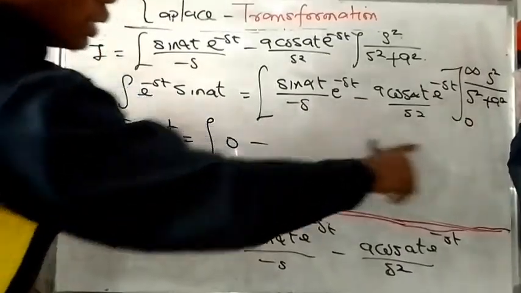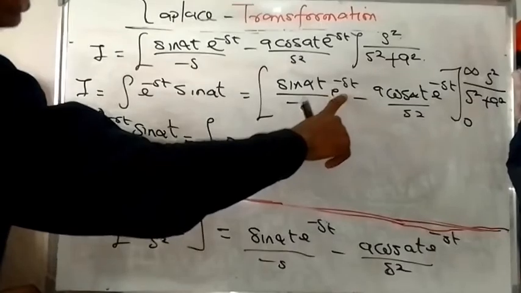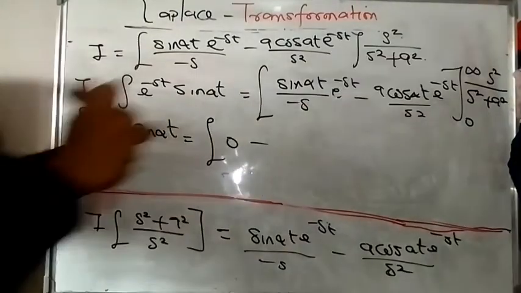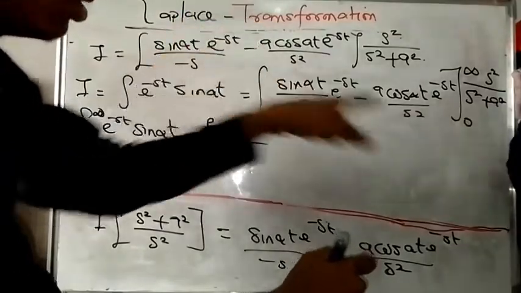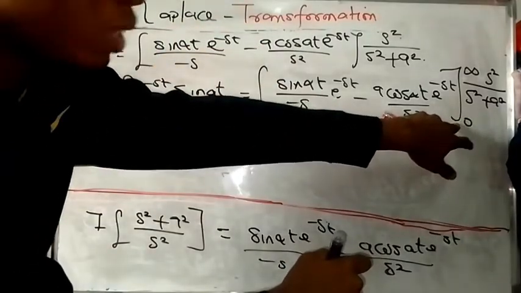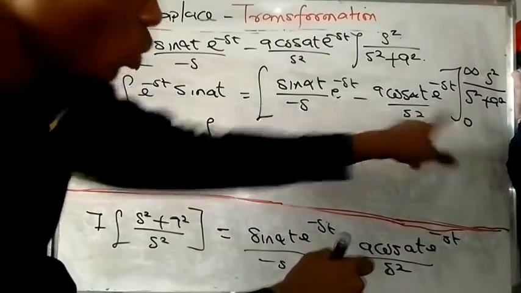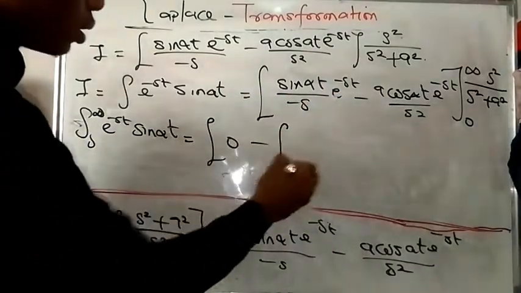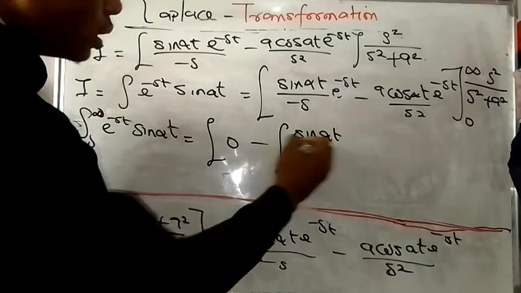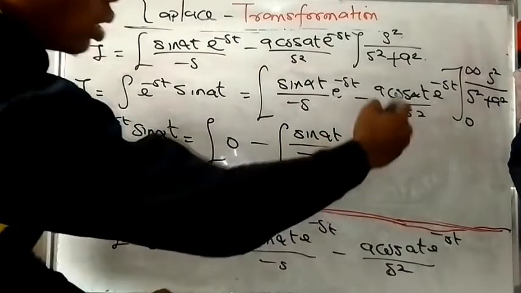Putting t equal to 0, the exponential of 0 is 1, so this is what we have: sine at divided by minus s, minus a.